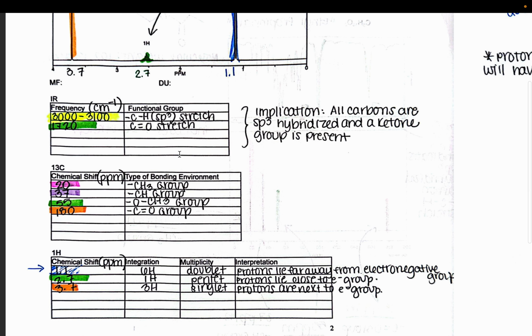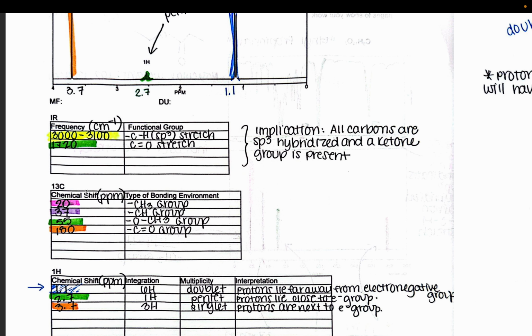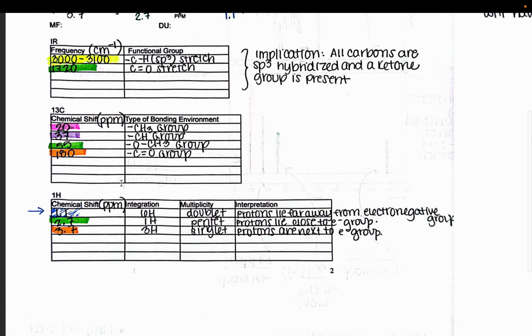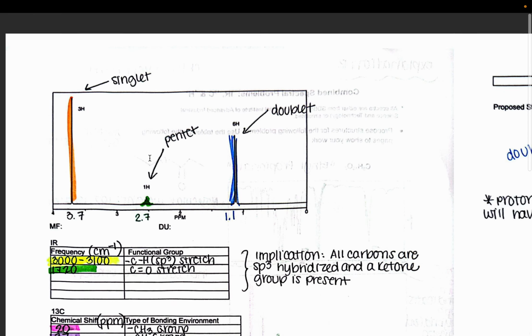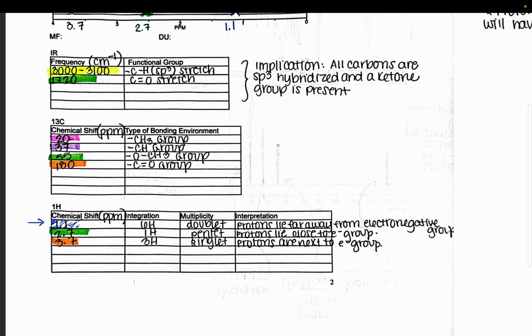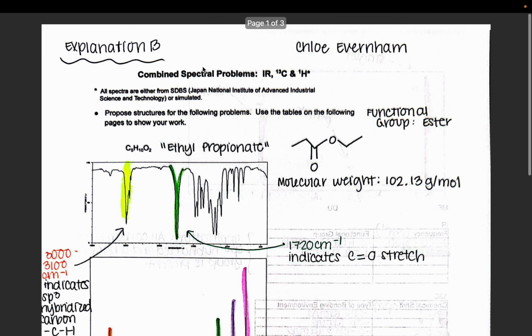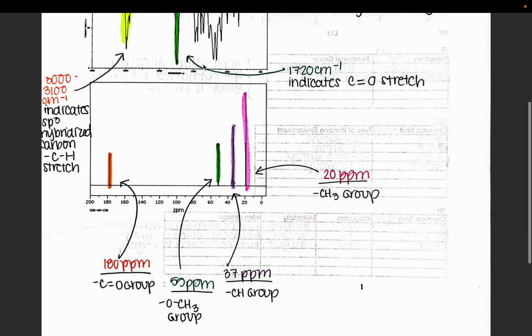We start with our methyl group at 20. Our CH group, that'll be at 37. Our OCH3 group at 55, and our C double bond O group at 180. And all of those are indicative of certain numbers.